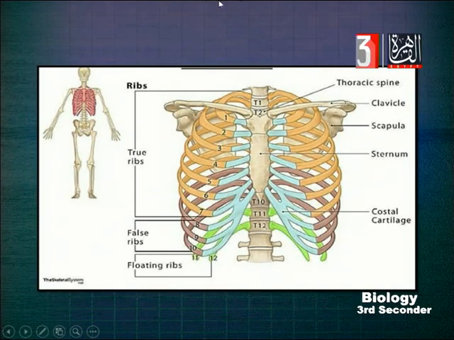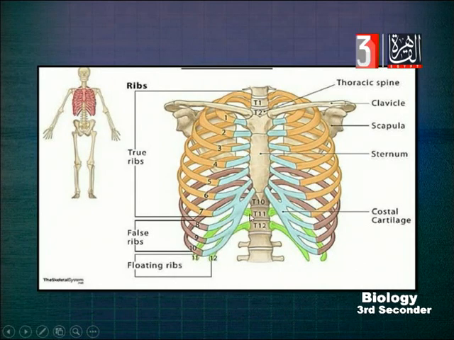The 12 pairs of ribs: let's calculate them and see their names. The first 7 pairs of ribs are called true ribs because they attach directly with the sternum. Pairs number 8, 9, and 10 are called false ribs because they attach with the sternum indirectly by connecting with pair number 7.